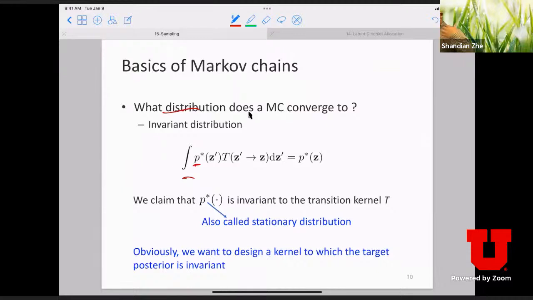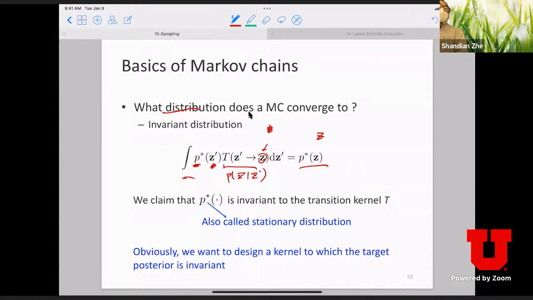If we denote the invariant distribution by P star, we say the MC converges to P star just means that if Z star is the current state, sampled from P star, and then following some transition kernel, which is a conditional distribution that defines your chain, we generate a new state Z or new sample, the marginal distribution of this new sample Z will follow P star as well. Then P star is called the invariant distribution.